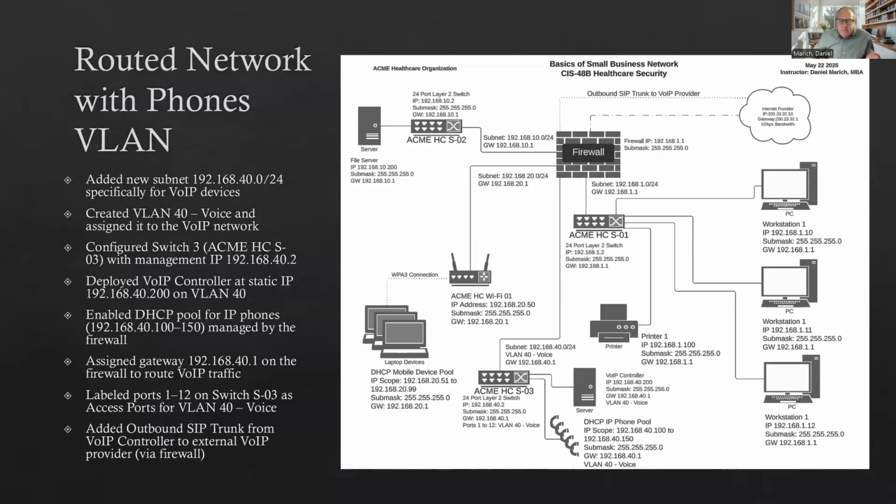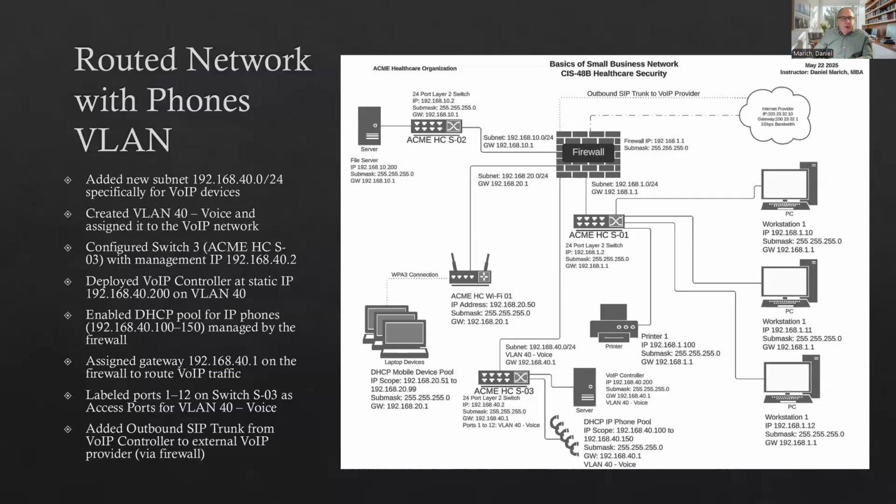That helps make sure that things are set up correctly. You don't get any conflicts between your switch and your firewall. All right, that's just my pitch. Every organization is different. Your goal is to learn how your organization works. In this case, I have put all of the VoIP phones on their own subnet.